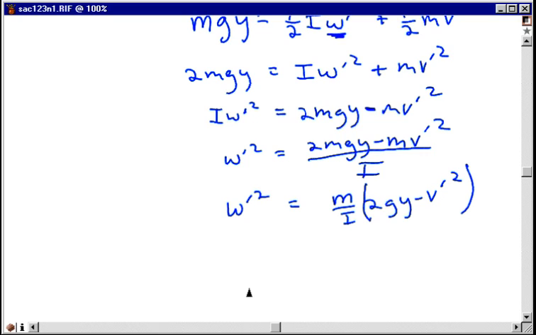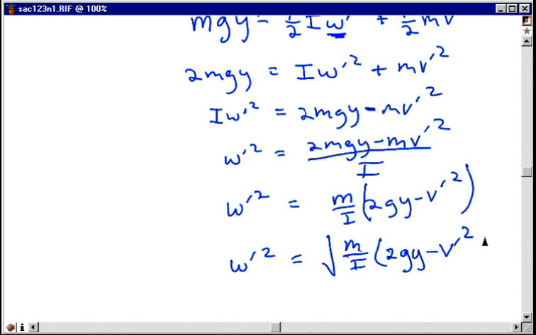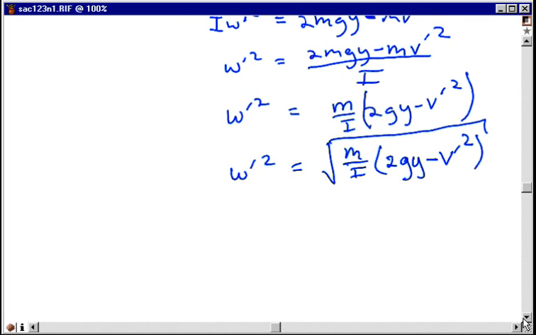That just makes it so I only have to plug in the value of m into the calculator once. Then omega prime is the square root of m over I times 2gy minus v prime squared. I didn't need to write the square there, I took the square root of both sides to get rid of that.